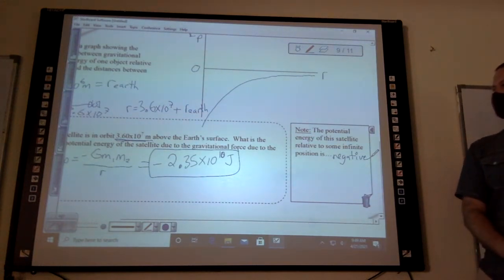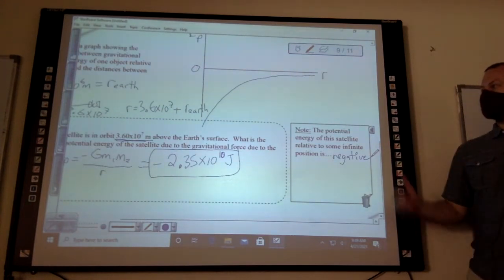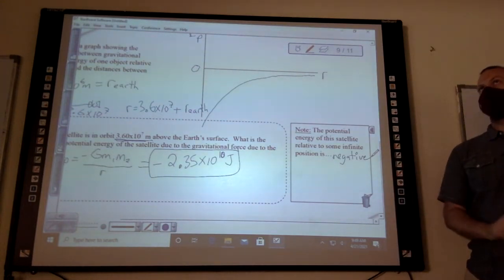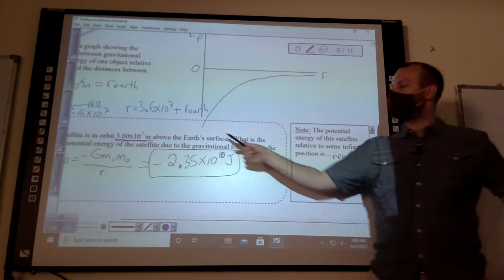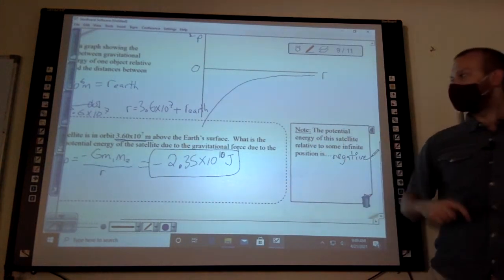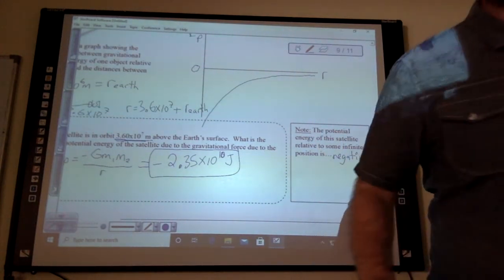The negative energy means, let's say we want to launch a satellite that escapes Earth's gravity, we need to overcome whatever this potential energy is. But we'll have some more examples of that.